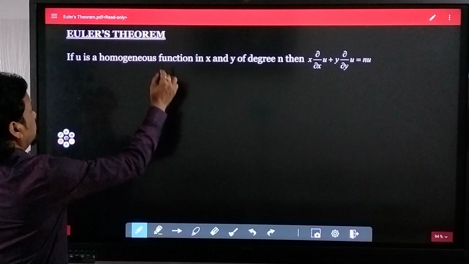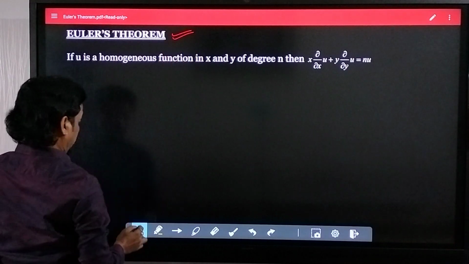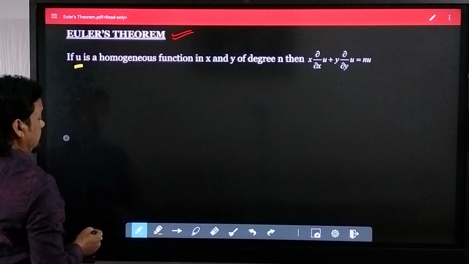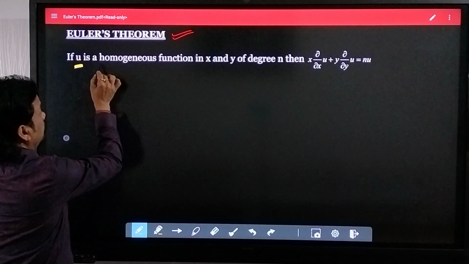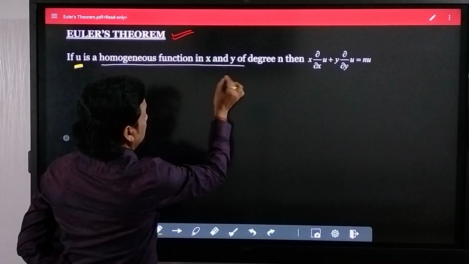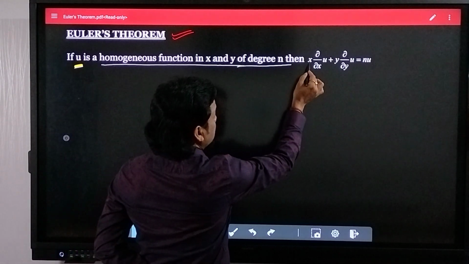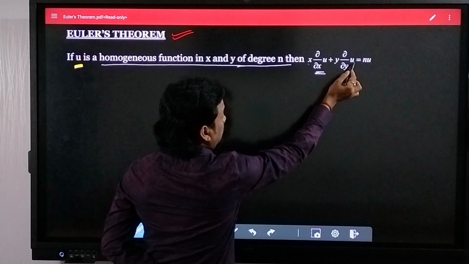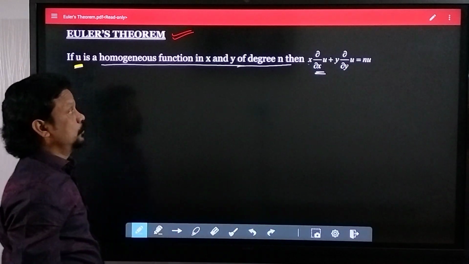What is Euler's theorem? If u is a homogeneous function in x and y of degree n, then x into del by del x of u plus y into del by del y of u is equal to n into u.